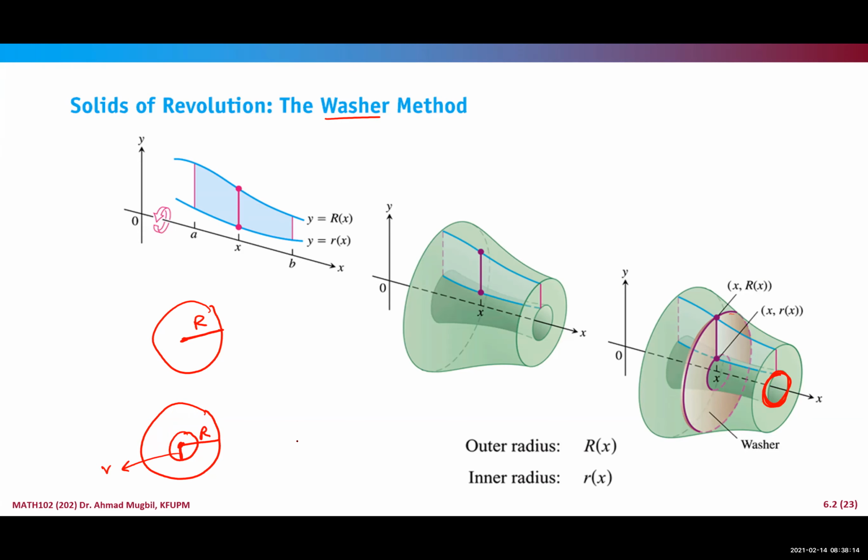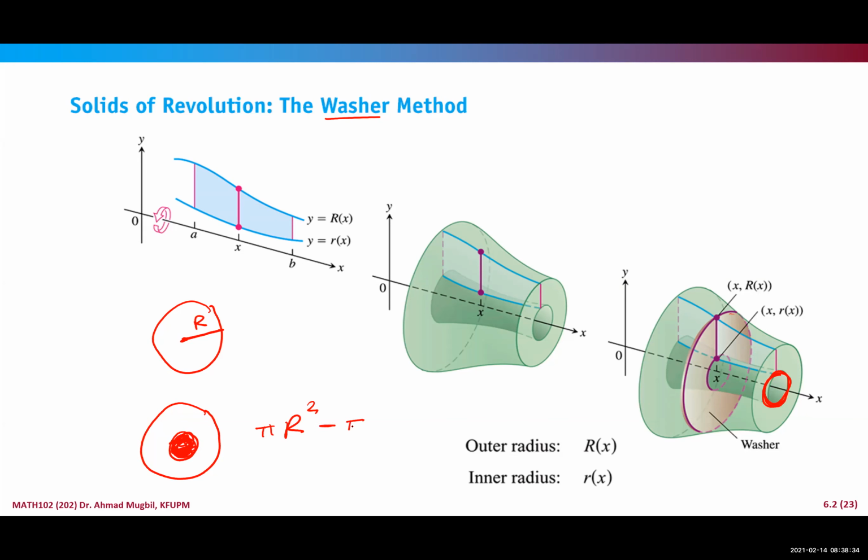So when we calculate the area of this, what will we do? We will calculate the area of the whole one, which will be, of course, pi R squared. And we will subtract from that the area of the hole here in the middle.